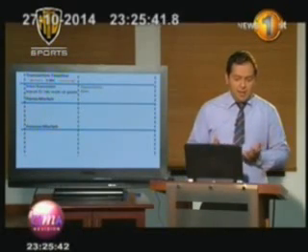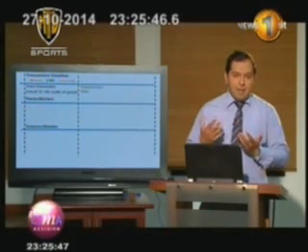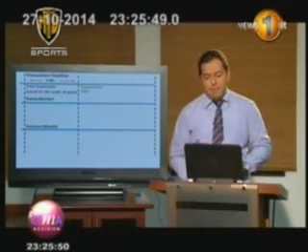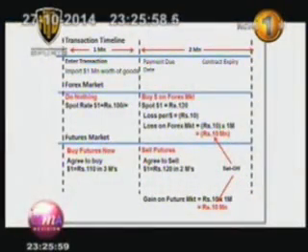We will assume that I am importing $1 million worth of goods for which payment needs to be made in 1 month's time. So, if I am hedging using futures, assuming the spot is $1 = 100 rupees today, I don't need to enter into any transactions on the forex market. I don't need to worry about the forex market today. But I need to go to the futures market and enter into a futures contract to buy dollars.